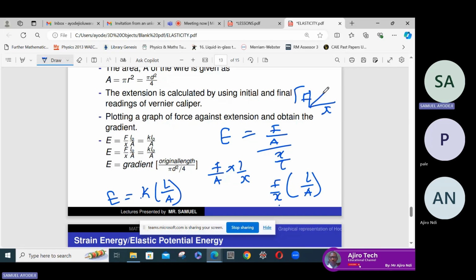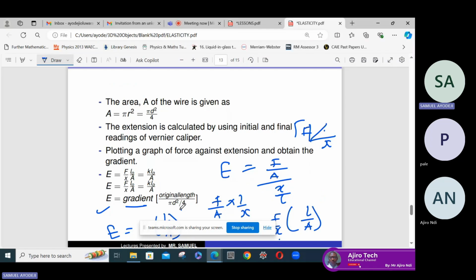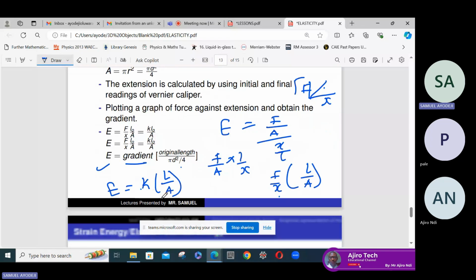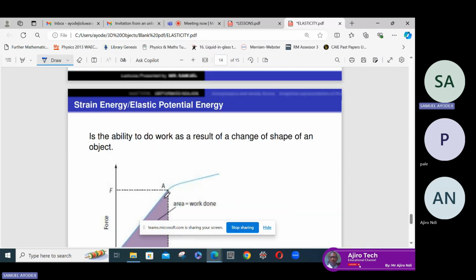So the gradient is equal to the original length times this area. From here you determine the value in the experiment. Put the value of the diameter, plot the graph, look for the gradient. You measure the length with a meter rule, put the diameter, then calculate using your calculator.